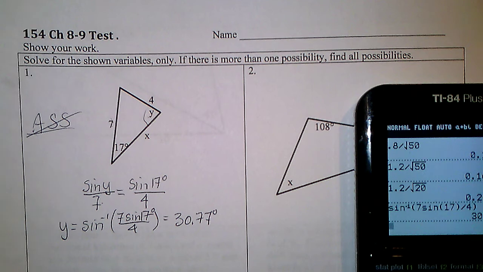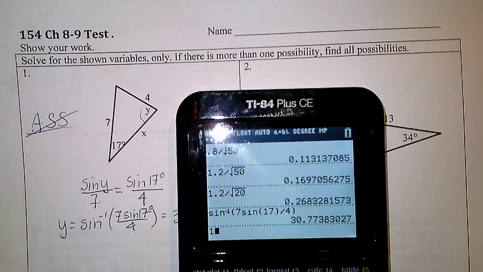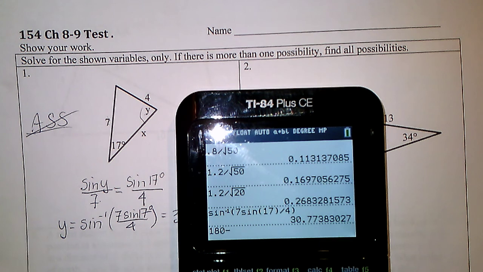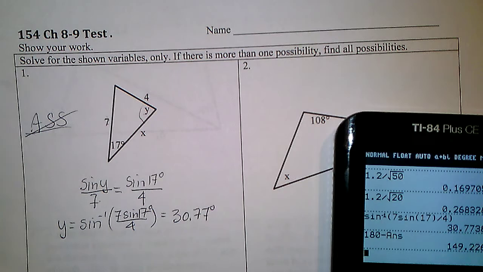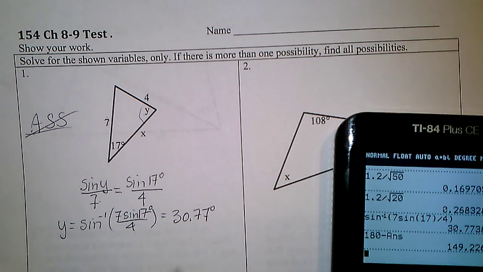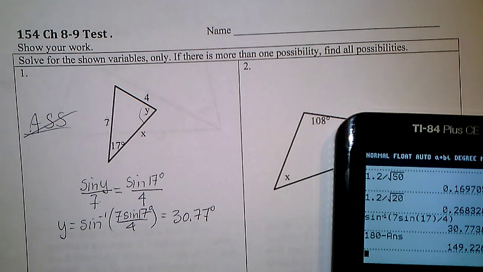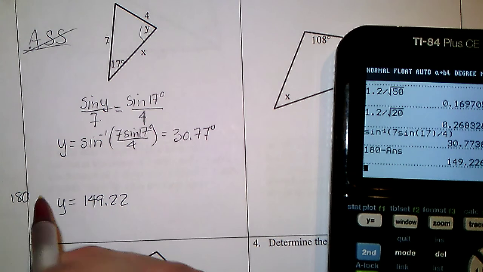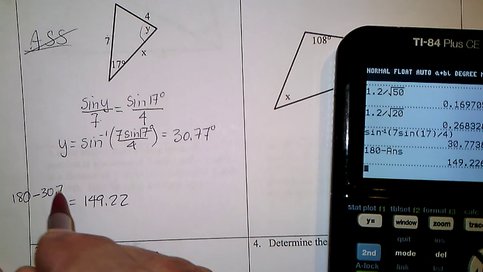Now, the other possibility for the angle would be 180 minus this, which is 149.22 (180 minus the 30.77).